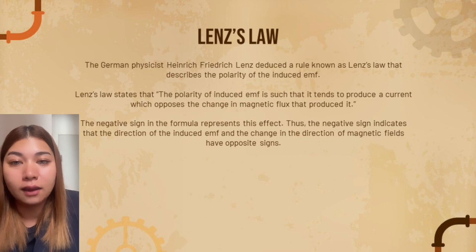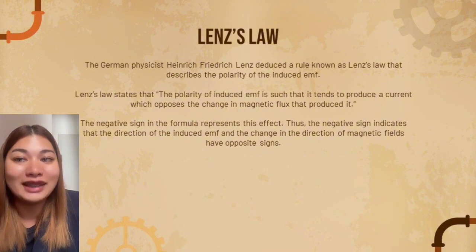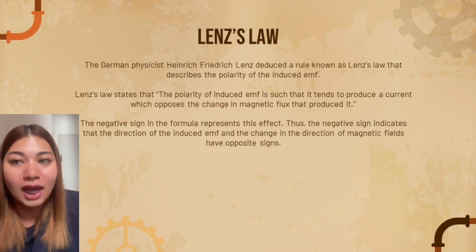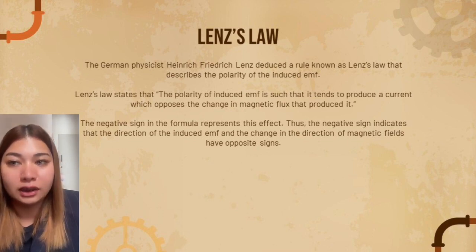Okay, now the second law is the Lenz law. The German physicist Heinrich Friedrich Lenz deduced a rule known as Lenz's law that describes the polarity of the induced EMF. Lenz's law states that the polarity of the induced EMF is such that it tends to produce a current which opposes the change in magnetic flux that produces it.